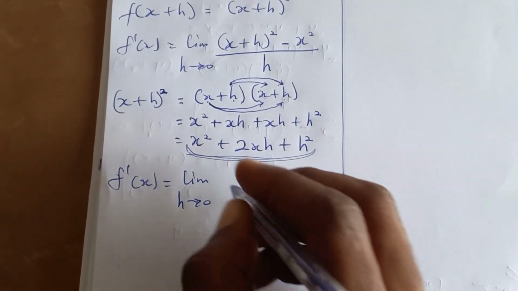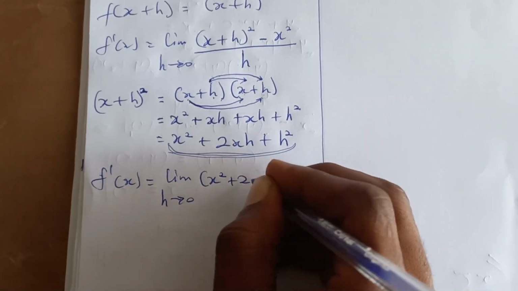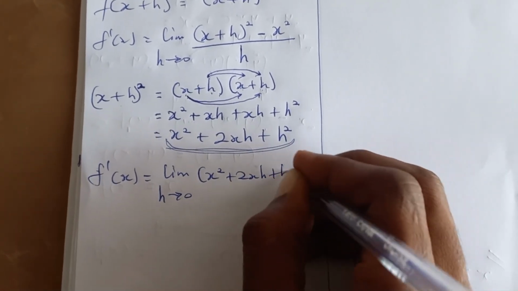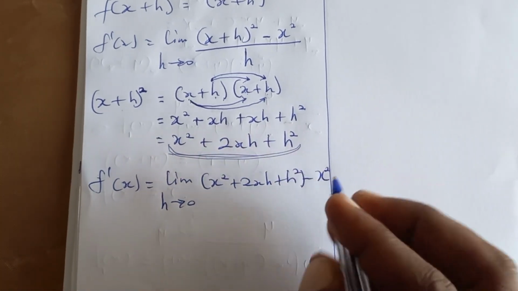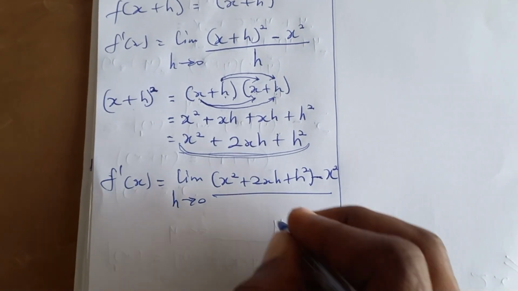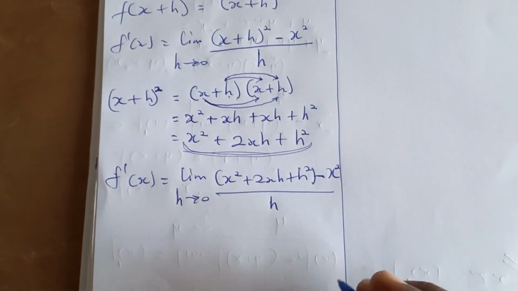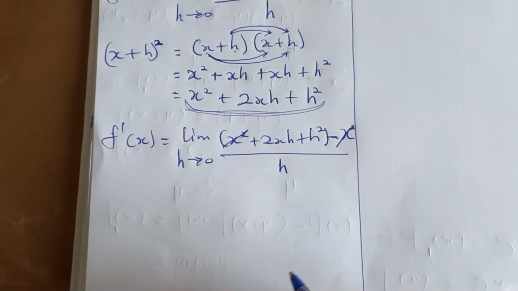So we're gonna get x squared plus 2xh plus h squared minus x squared all over h. So you can see that x squared can cancel out this.